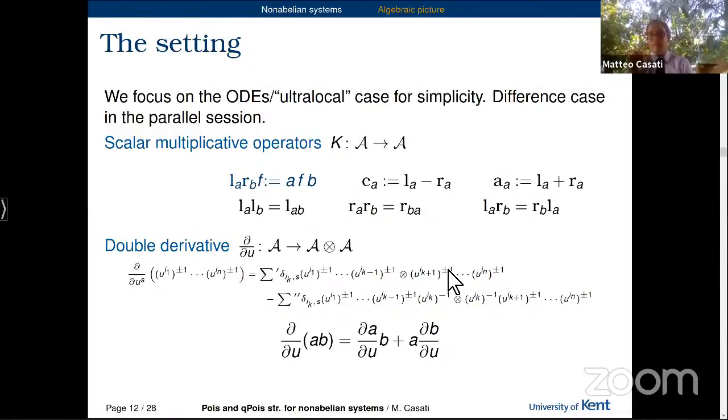If what you have hit is a positive power, that is the case; if what you have hit is a negative power, you just use the normal rule for deriving the inverse of a function. So when you split, you put the inverse of the variable you are splitting, one on one side, one on the other. This is nasty looking for people who are not used to it, but the important message is that this double derivative is in fact a derivation. So it has the standard Leibniz property, which is what I'm looking for.